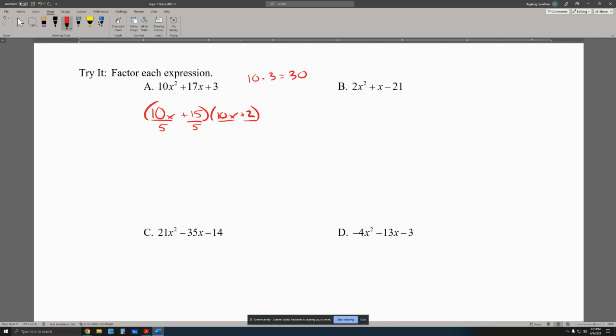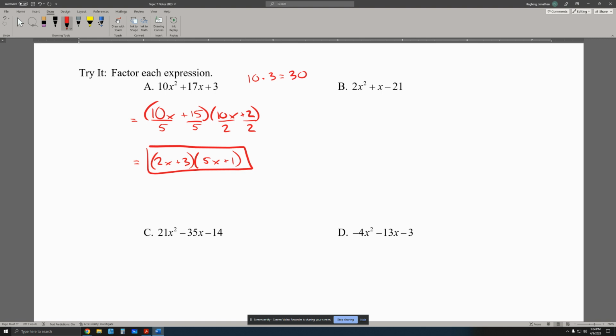In the second grouping, we have a GCF of 2. And so what's left over is 10x divided by 5 is 2x. 15 divided by 5 is 3. 10x divided by 2 is 5x. And then 2 divided by 2 is 1. All right. So this is the factorization. I'm going to leave the check up to you. So use the distributive property to check and see if we get back to the original problem.